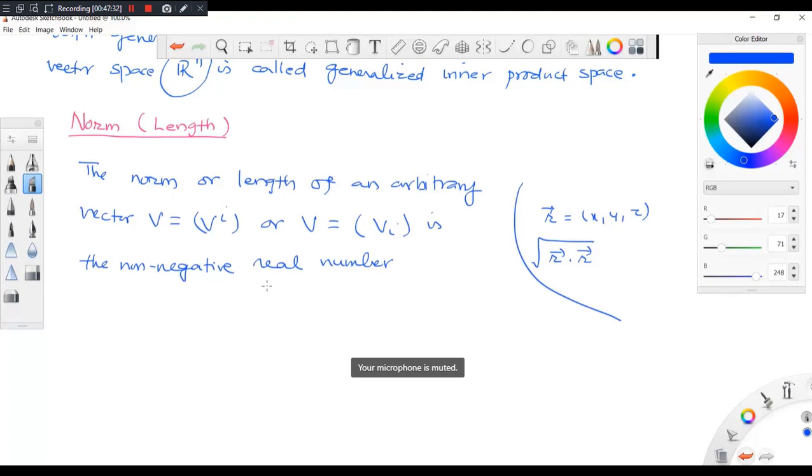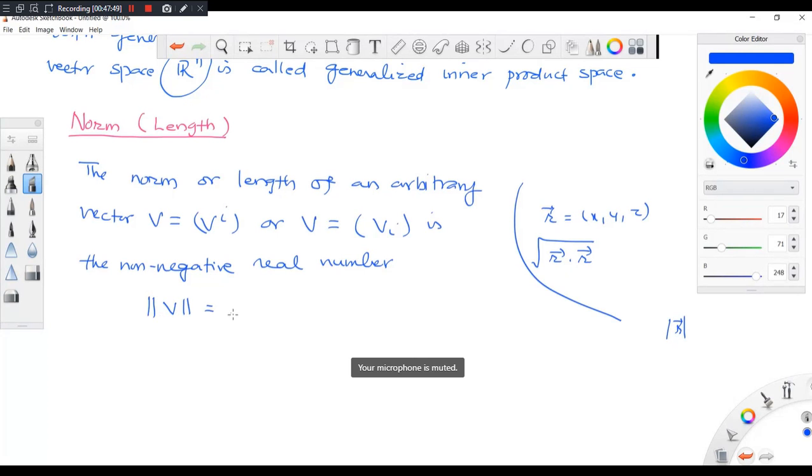You call it the norm of V. In the usual space I merely take the modulus of r, so here in the generalized space I call it the norm.